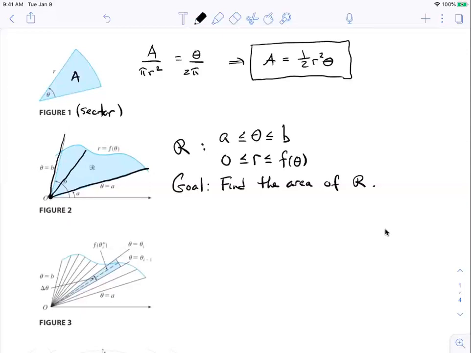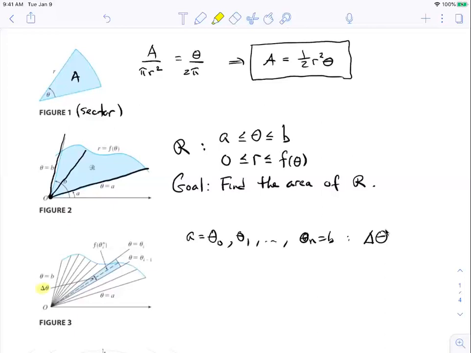We start off with A, which we could call theta sub 0, and then we pick a theta sub 1, and so on, until we get up to, say, theta sub n, which would be B, and those are equally spaced angles separated by something called delta theta. You can see the delta theta label in the picture here, so it's the width.